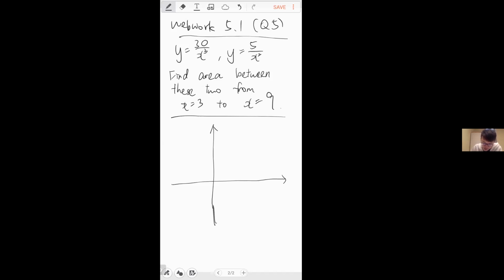For example, what does the first one, 30 over x cubed, look like?